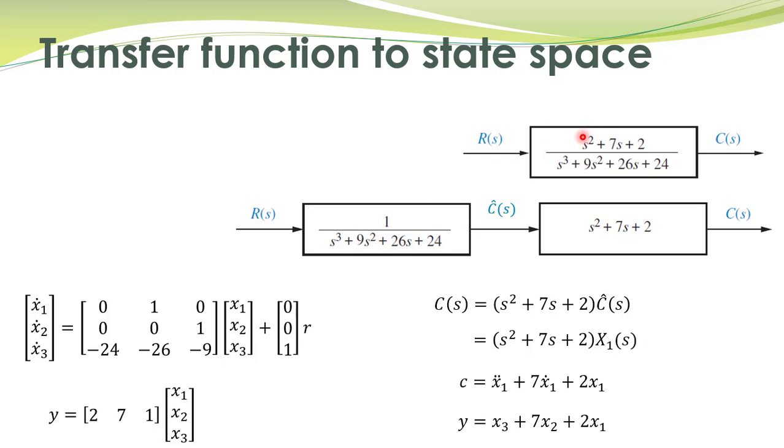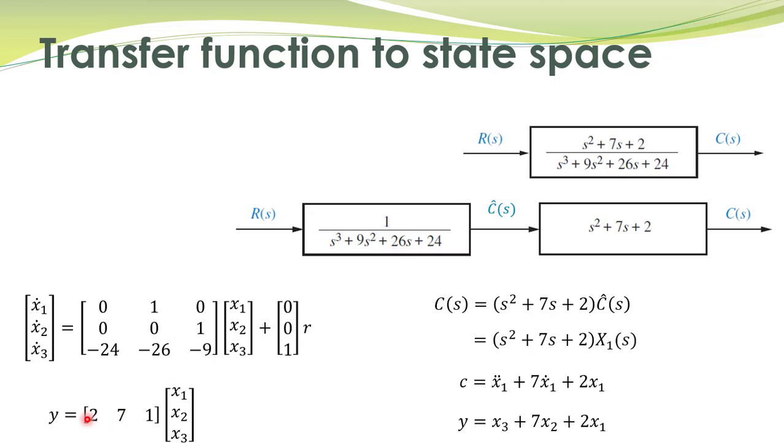So if the transfer function involves some finite zeros as well, again we can very easily convert it into state space. The procedure is simple. We split it into two parts: the part which only contains the denominator polynomial and the part which contains the numerator polynomial. For the first part, we can easily obtain the state space representation, with the spatial structure of this matrix and the coefficients of the denominator polynomial written in reverse order with negative sign.